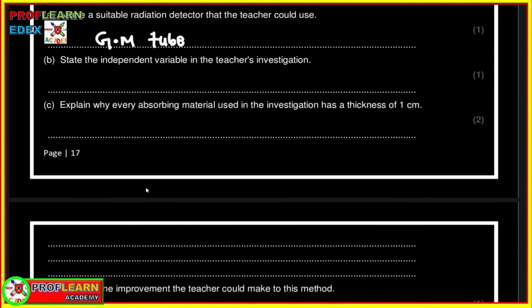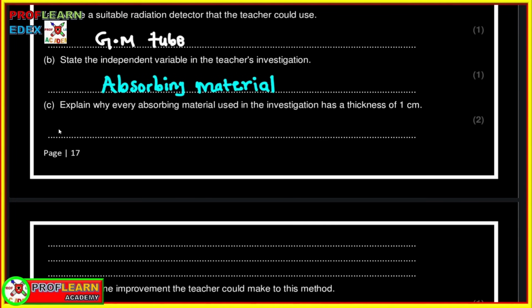State the independent variable in this case. The independent variable is the absorbing material here. Explain why the absorbing material used in the investigation has a thickness of 1 centimeter. Remember, thickness also affects the absorbing rate.